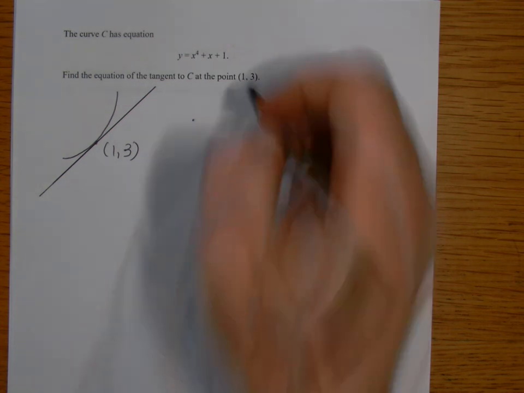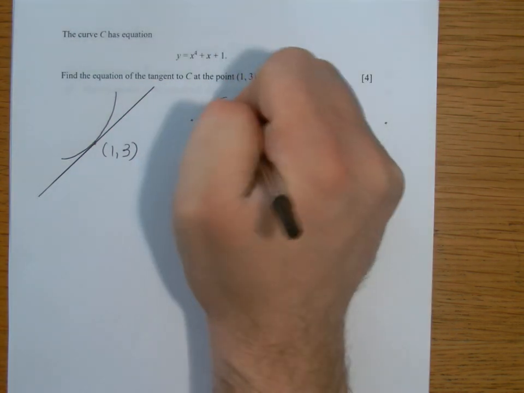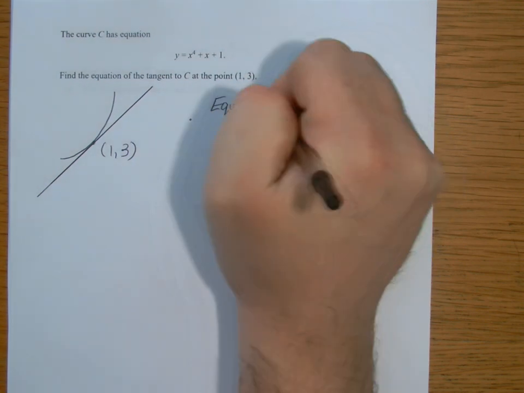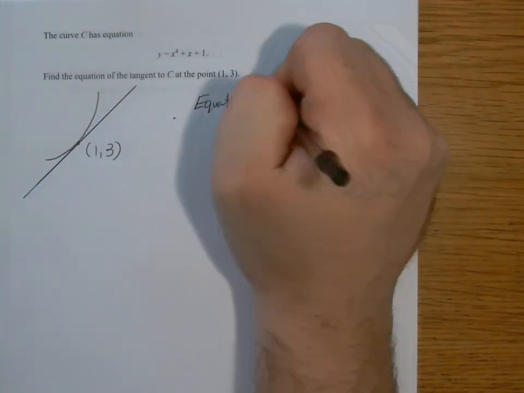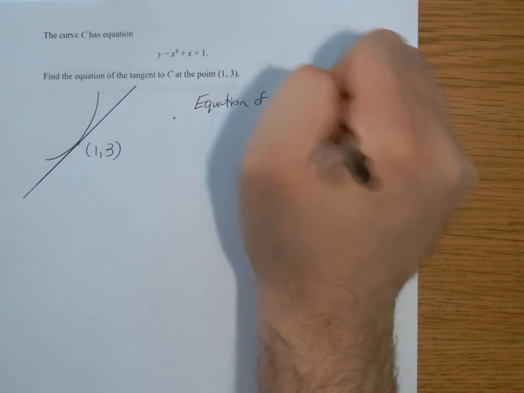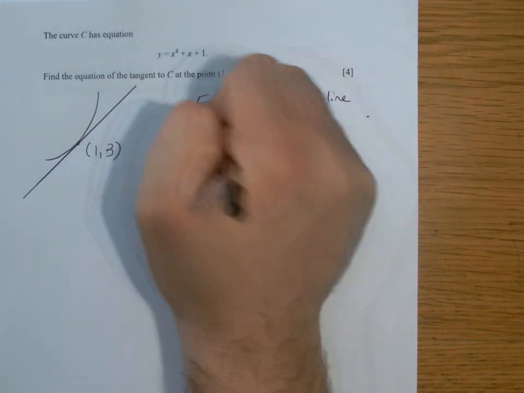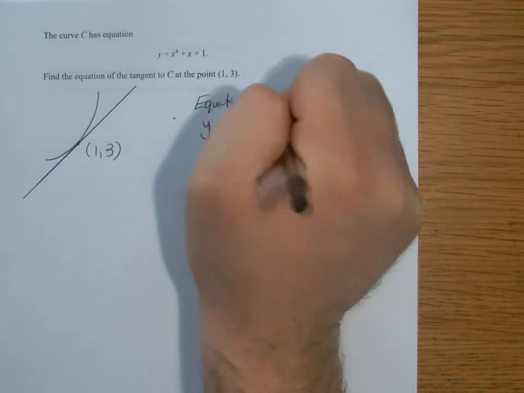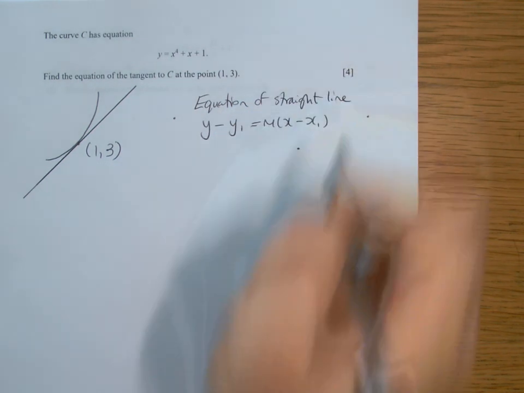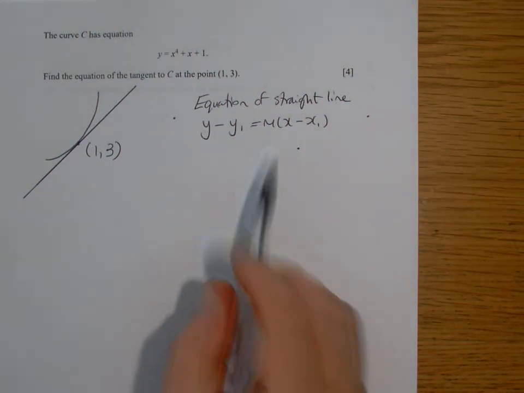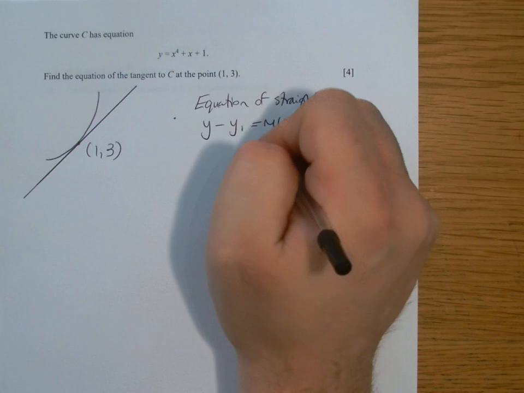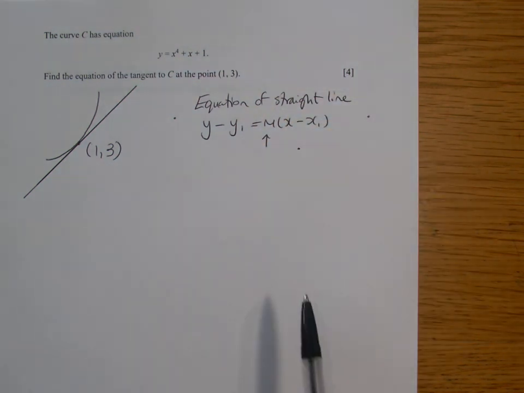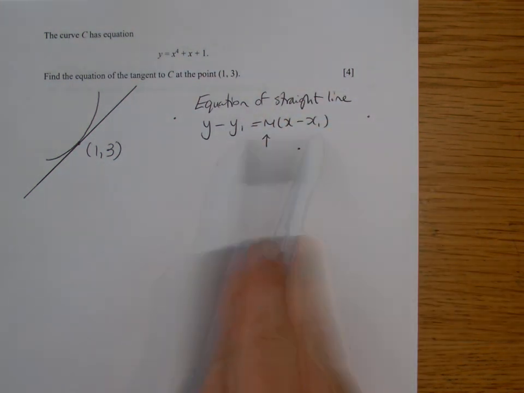And we need the equation. So remember, for the equation of a straight line, you need to use the formula y minus y1 equals m(x minus x1). What's key for this, the key ingredients, are determining the gradient, and also we need a point that the line goes through for my x1, y1.